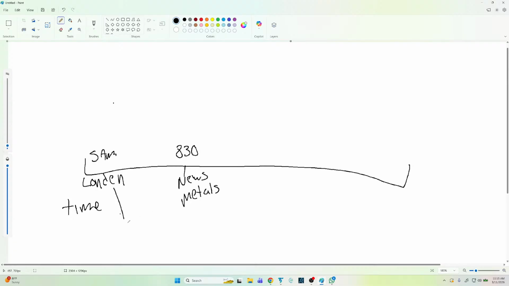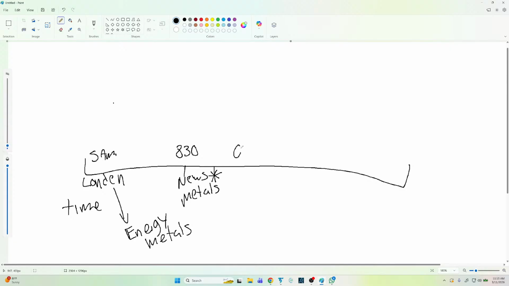This is really anything, but mostly energies is what I've seen. Energies and metals. This is news and metals and really anything. If there's news, anything can happen.